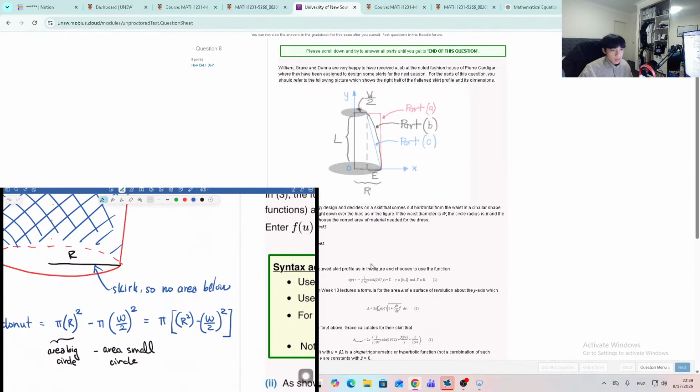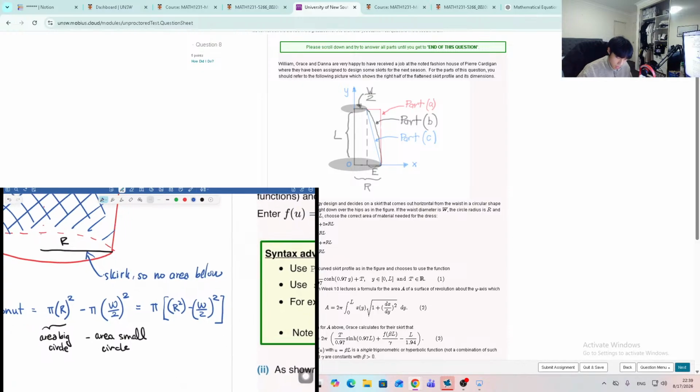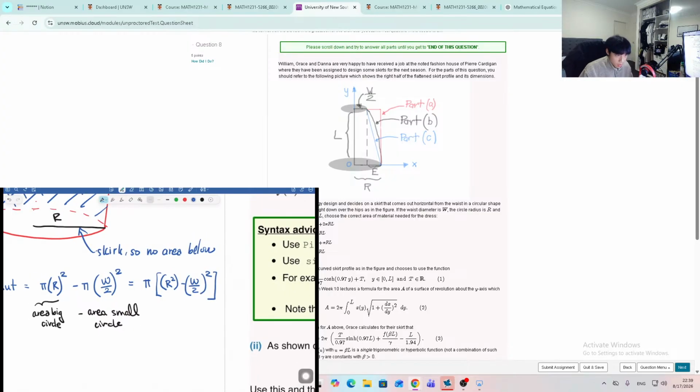You ask me why there is a pi and 4 on the outside. Well, they have basically made it pi r squared minus w squared over 4, right?